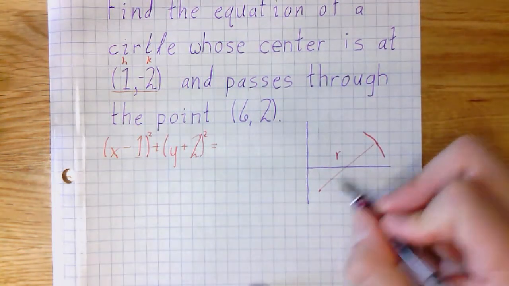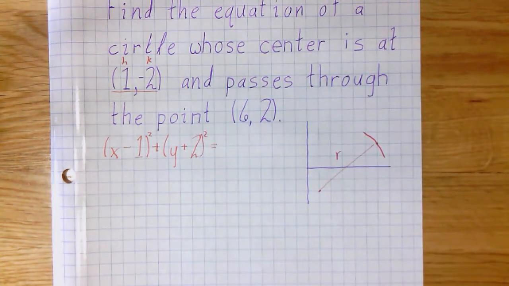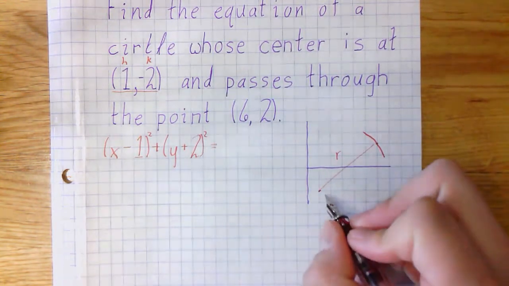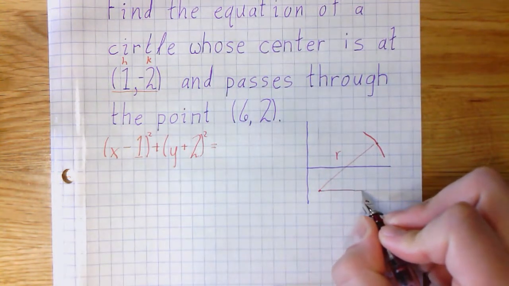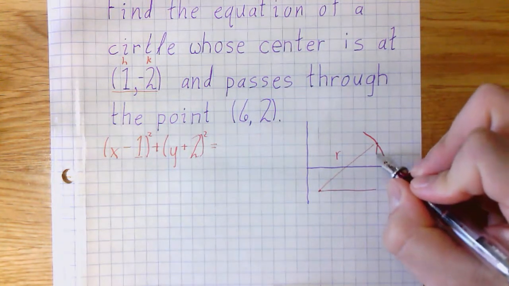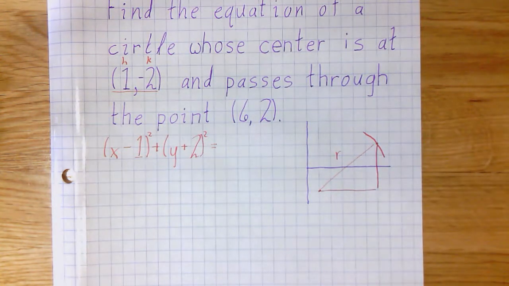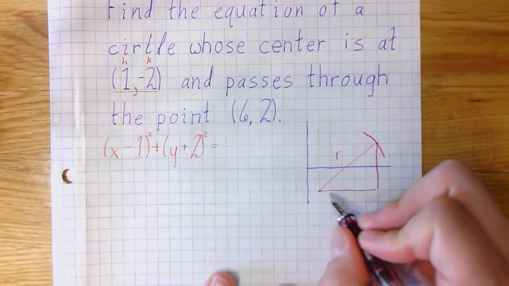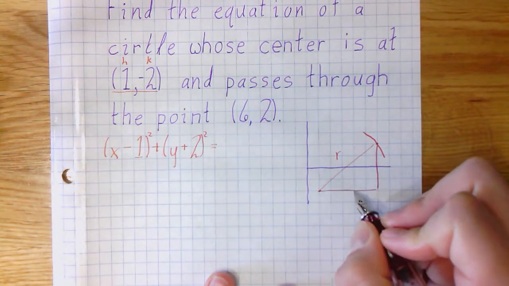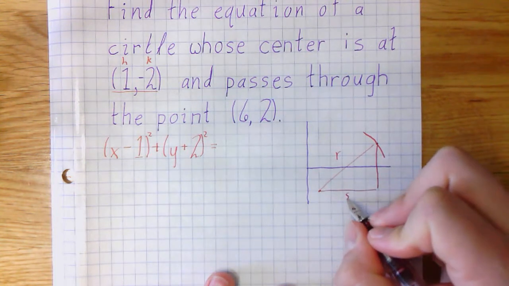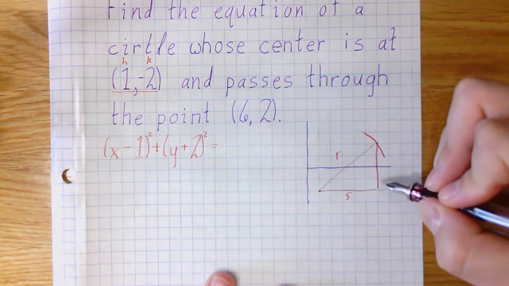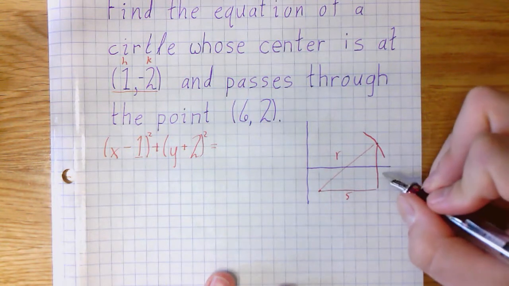So to figure out this radius, we just need to do the distance formula to figure out that line segment. We need to know how far over does it go and how far up does it go. So change in x, change in y, and then we do the Pythagorean theorem on that. We can just count 1, 2, 3, 4, 5 over. Up is 1, 2, 3, 4.